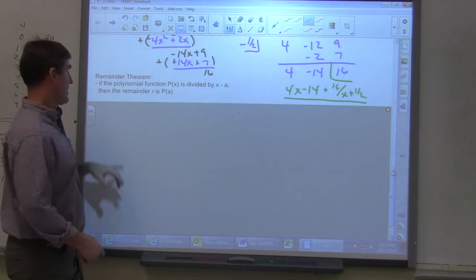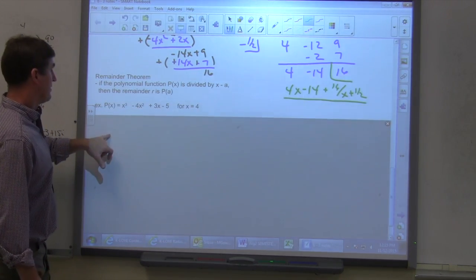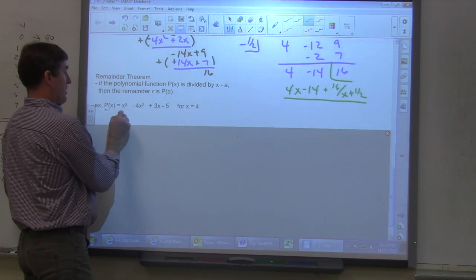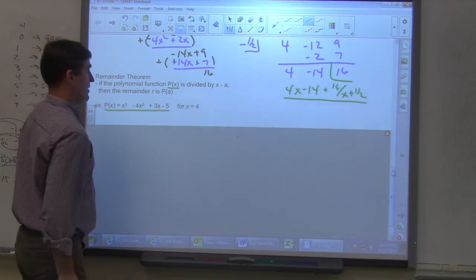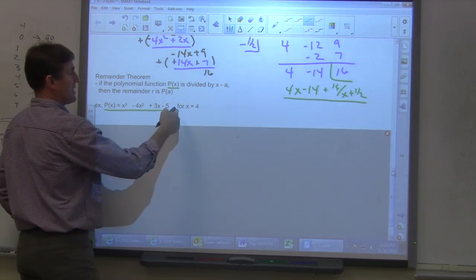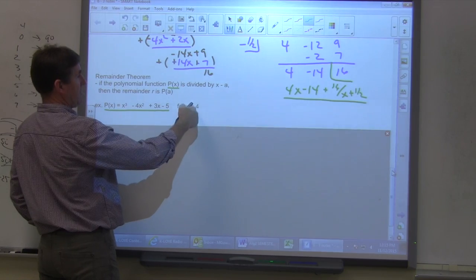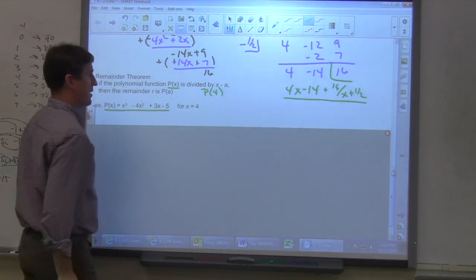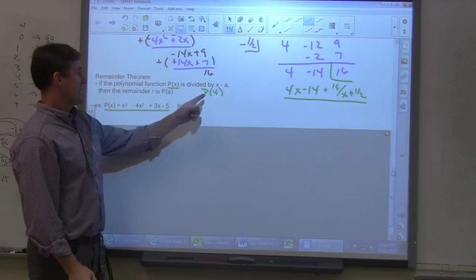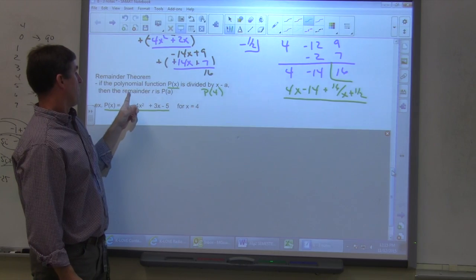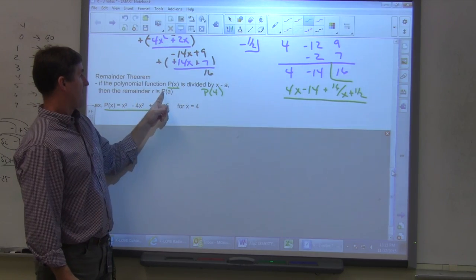So what that means is, if this is our polynomial, our p of x, and it's divided by x minus a, now when you do this, this is saying for x equals 4. Okay? So that's telling us if we plug 4 in here, the remainder will be whatever p of a is.